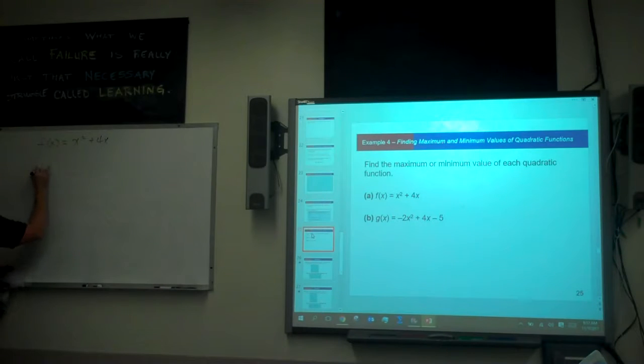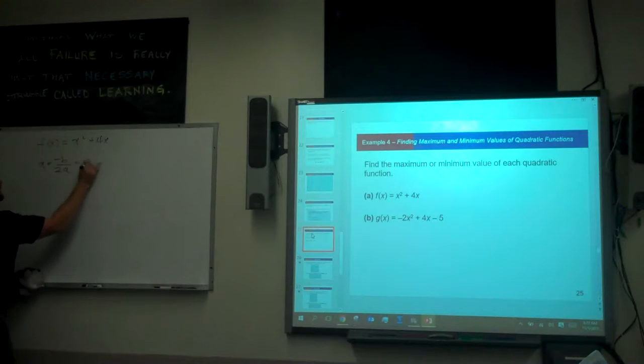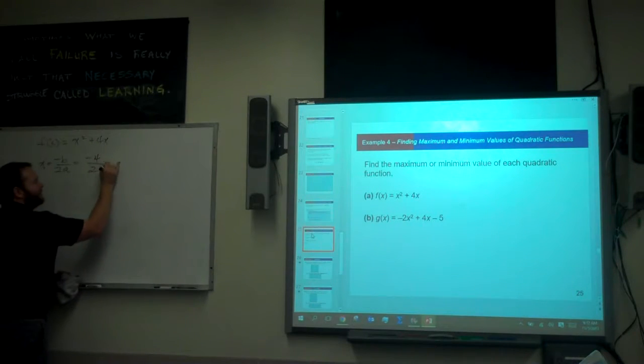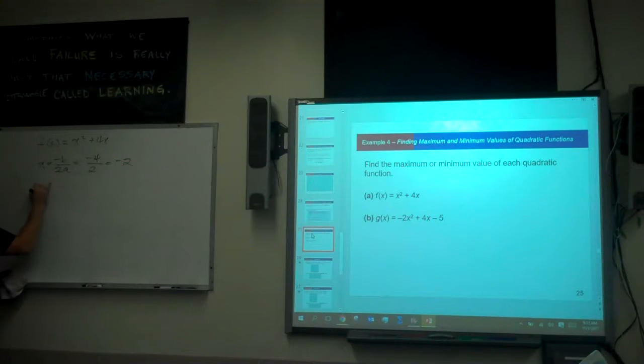X is going to be opposite b over 2a, and that's the x coordinate of your vertex, and the formula is calling that h. So opposite b over 2a, negative 4 all over 2 times 1, so I get negative 2. So x for my vertex is at negative 2.